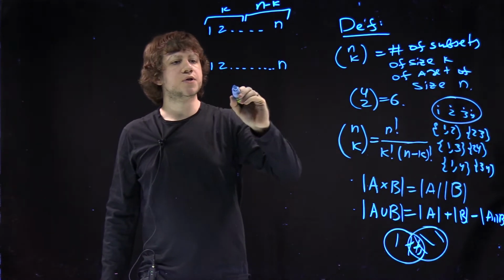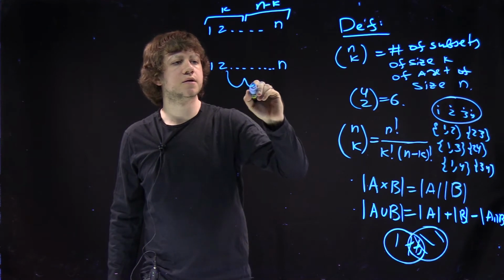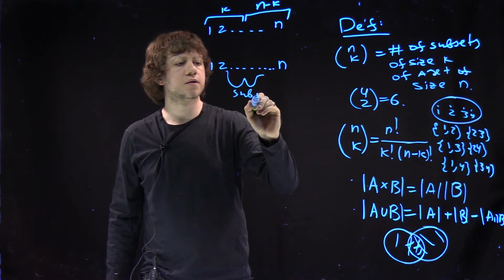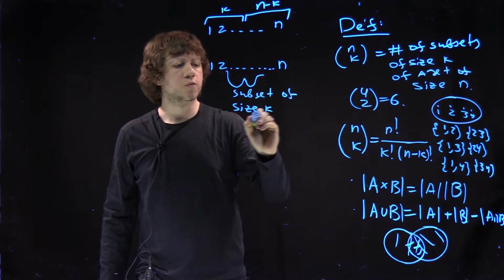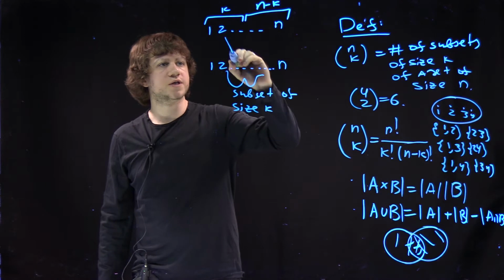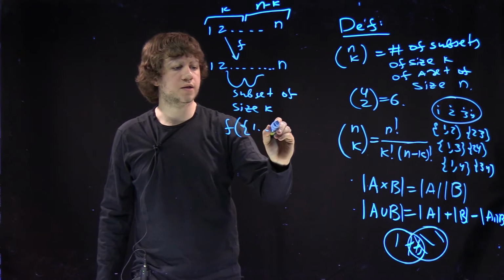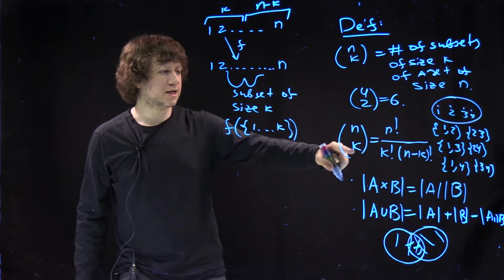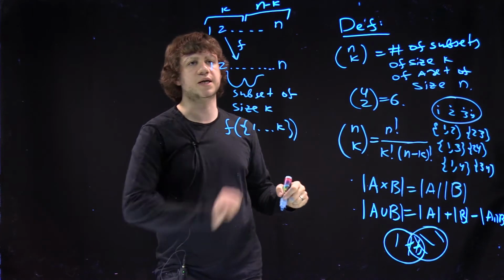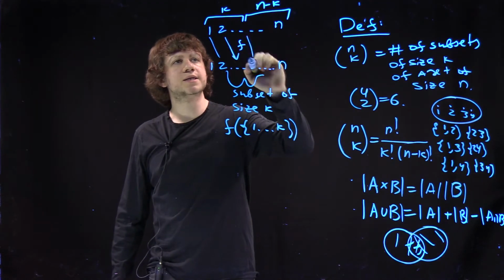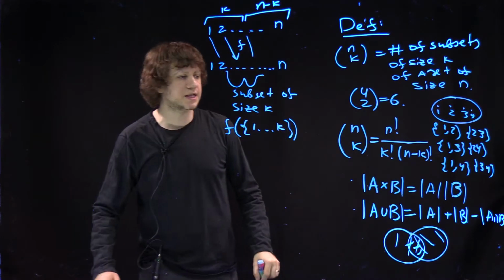For this, you need to determine a subset of size k, which is the image of the map f of 1 up to k. This has exactly n choose k options, because you just need to pick any subset of size k, and then the k elements go here, and the remaining elements go to the remaining part of the set.